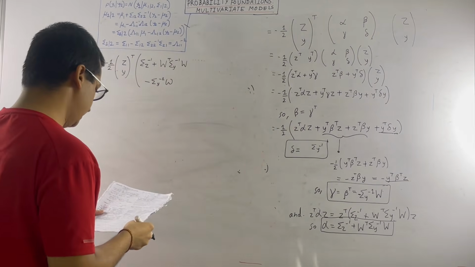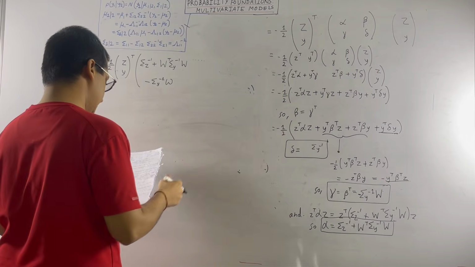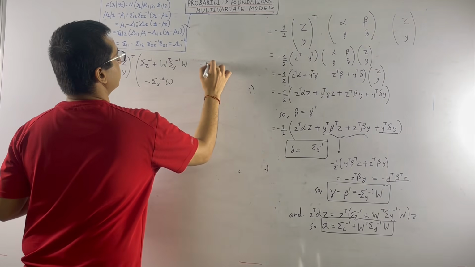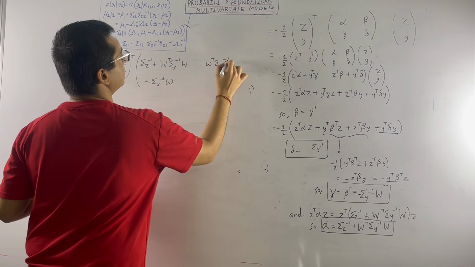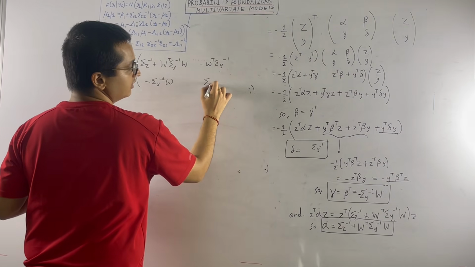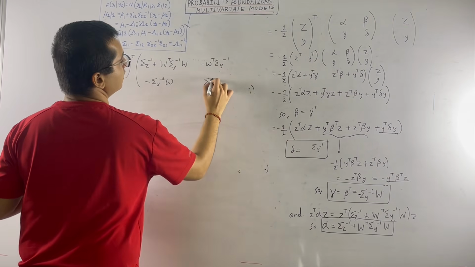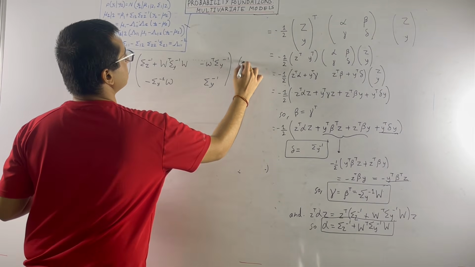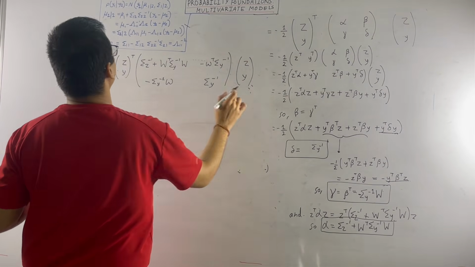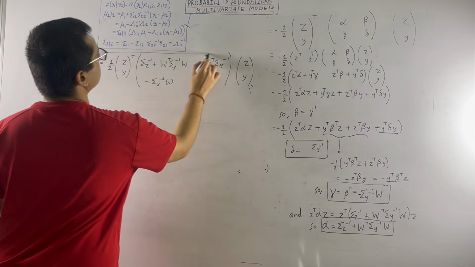So for that, what do I get? I basically get minus w transpose sigma y inverse, and this is sigma y inverse, zy. So this was the quadratic form.